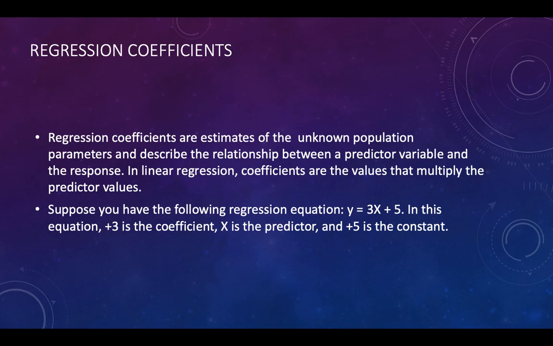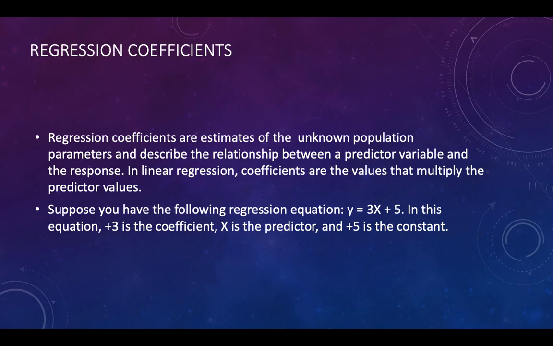Suppose I take one example, y equal to 3x plus 5. In that, x is the predictor and 5 is a constant. Here, plus 3 is the coefficient, which is called the regression coefficient. Again I'll repeat, this is a simple linear regression.